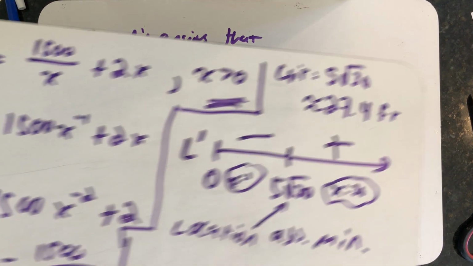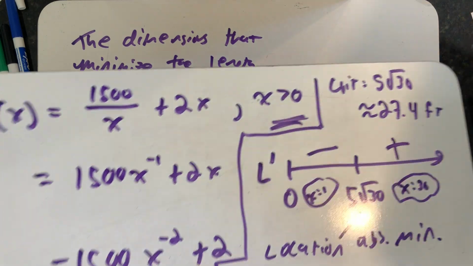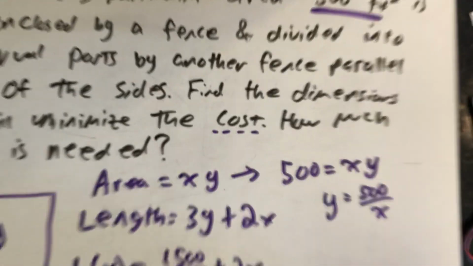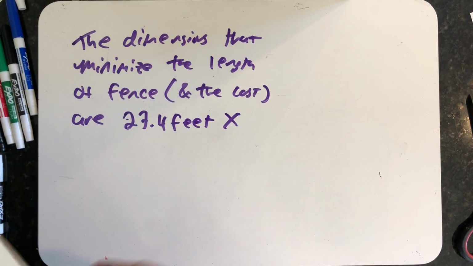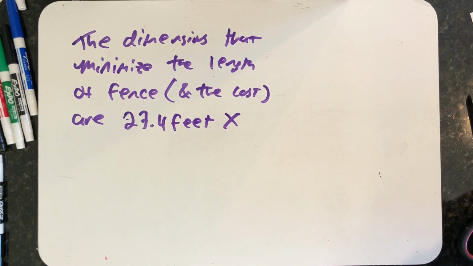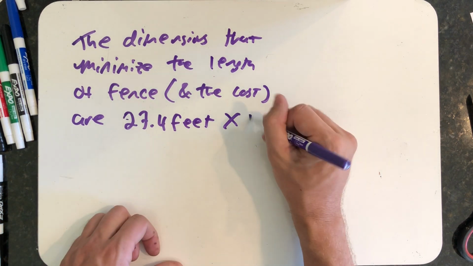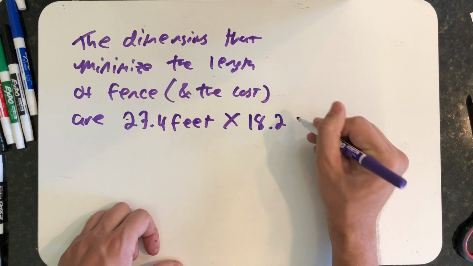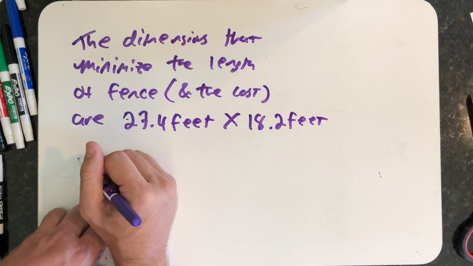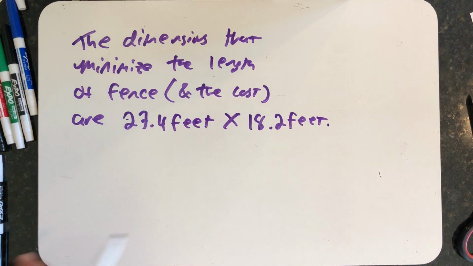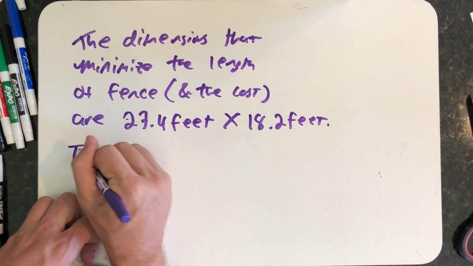by, and this is where I have to remember some other information I had, right? I have found a value for x, and now I need to find a value for y. So 500 divided by 27.4, which is about 18.2 feet. And then I'm also asked to report the total amount of fence used.